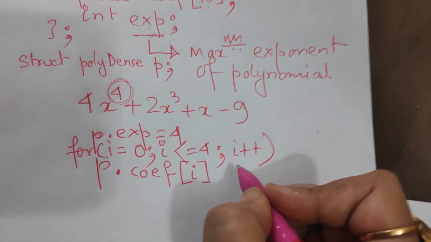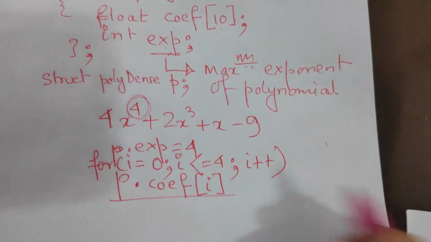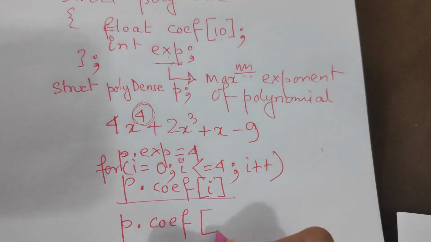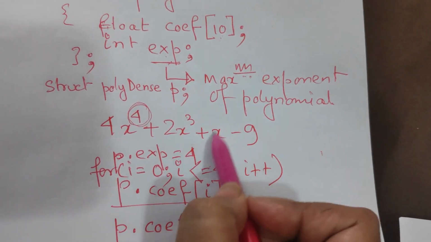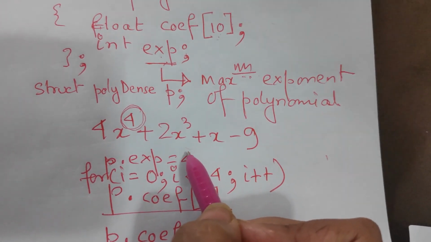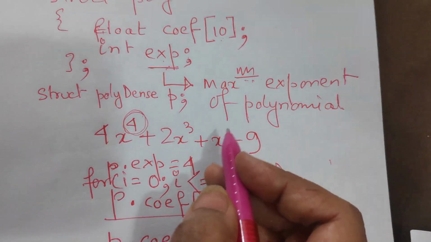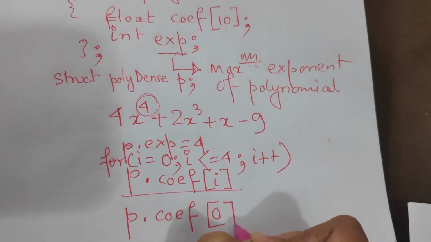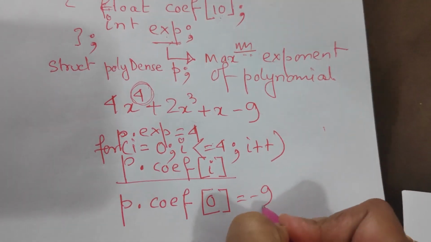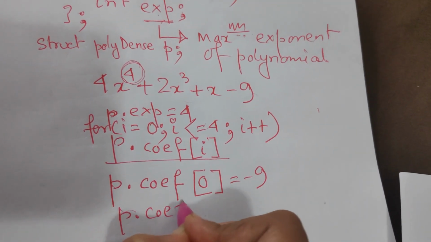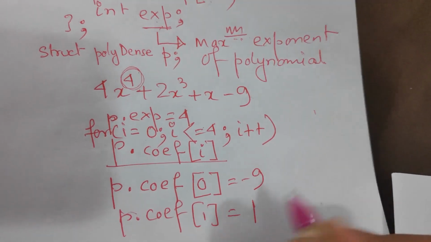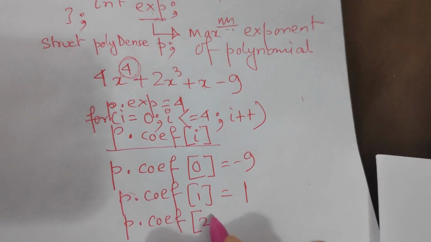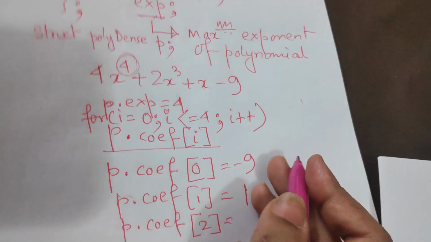Now, in that scenario, you will be confused with this part, that the second exponent is not there in the polynomial at all. So what will we be doing with that? Coefficient 0, the 0th term, will be minus 9. Coefficient 1 will be 1, it is present. Now when we are coming to coefficient 2, that is where we have the doubt and the confusion.